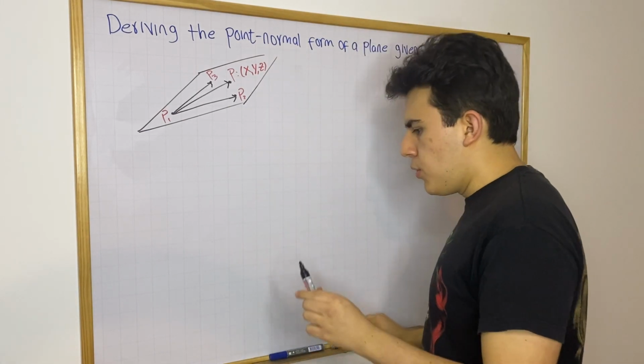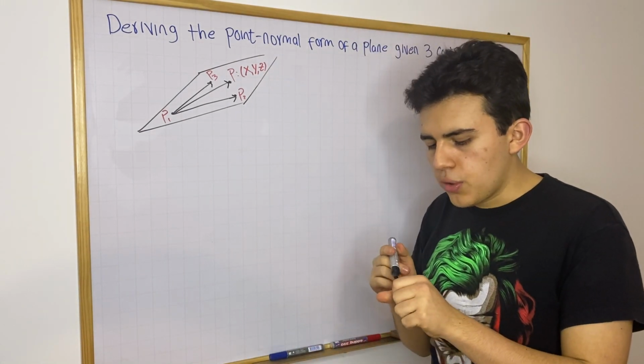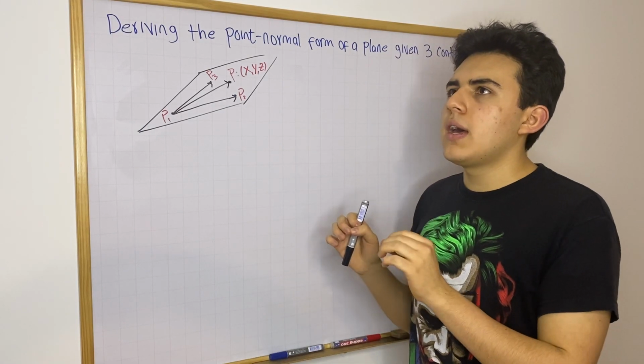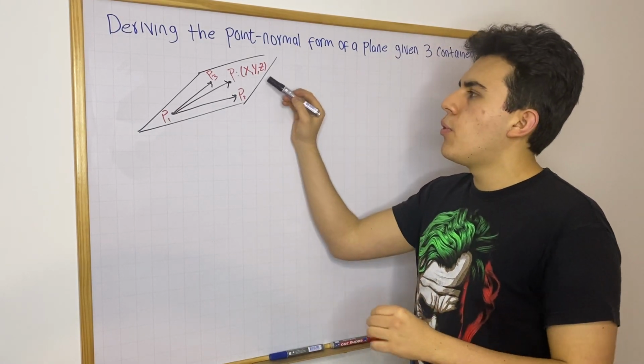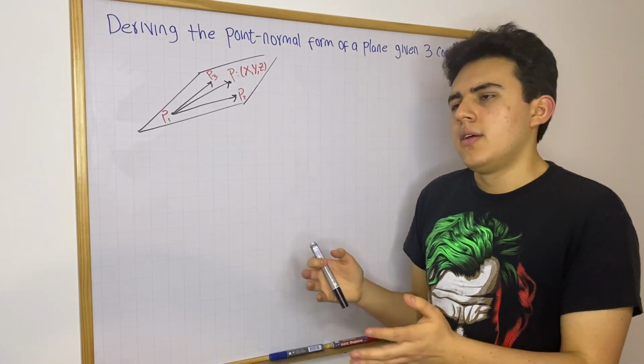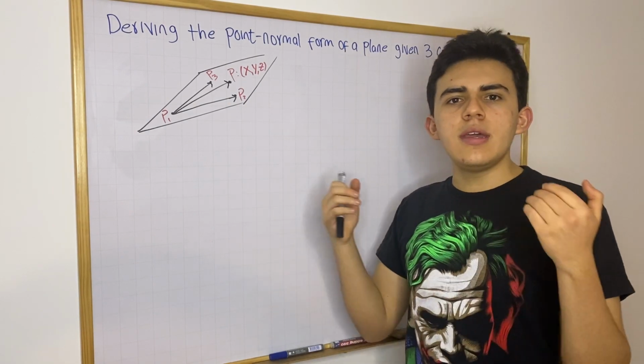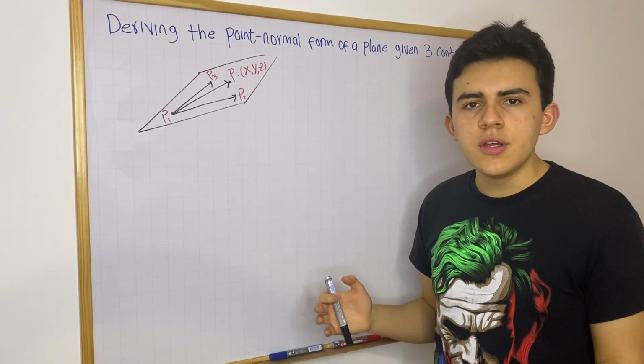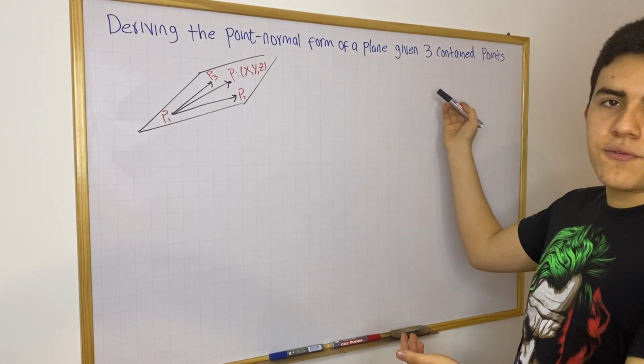Now, really what we're doing here is we're just trying to account for a point that is not part of the pre-problem information. Before you start doing the problem, you're given information.